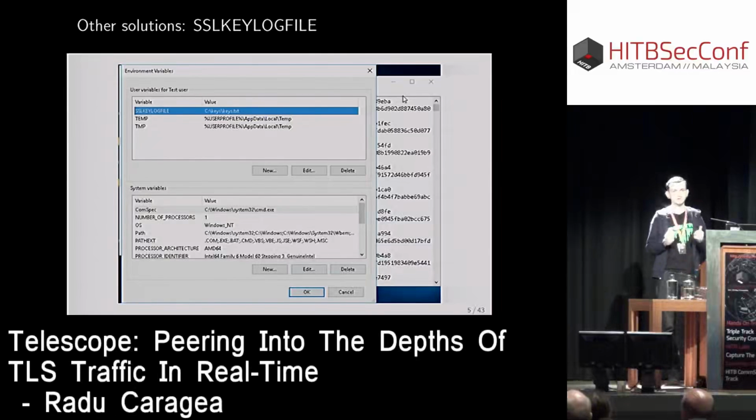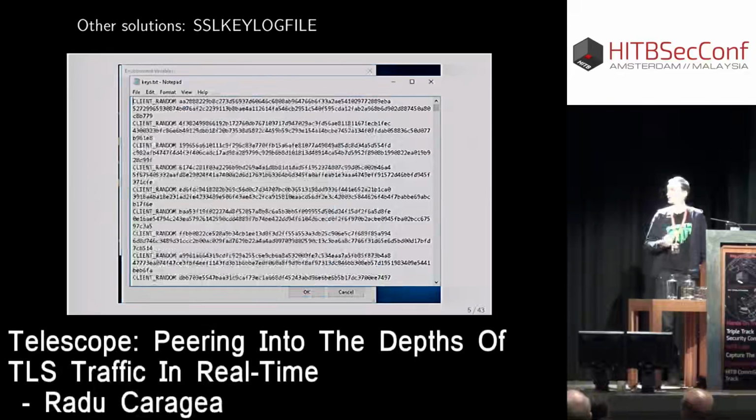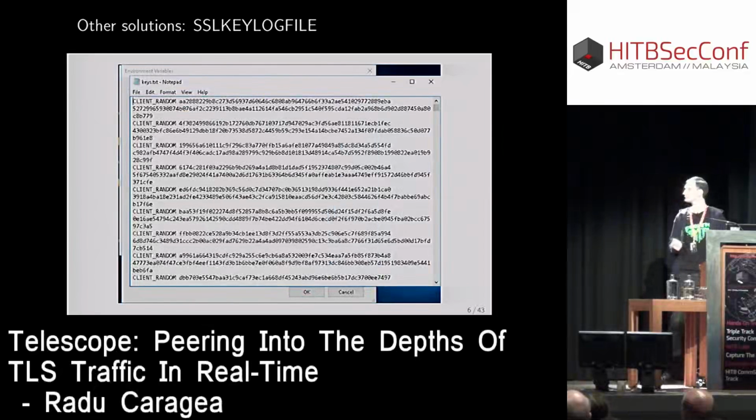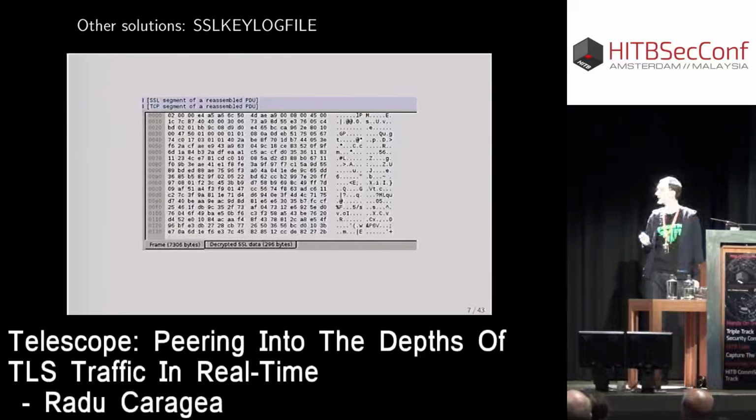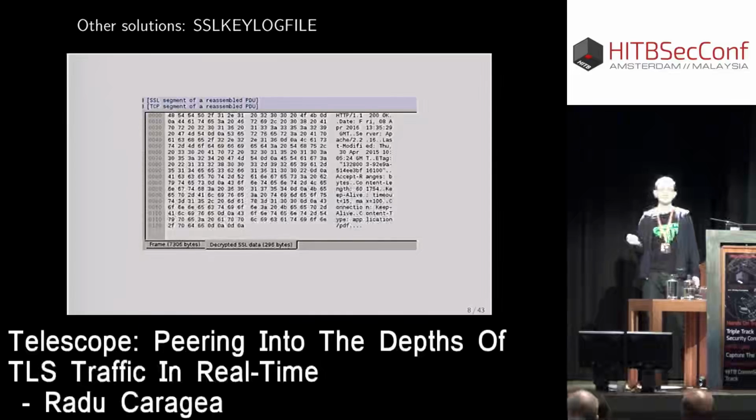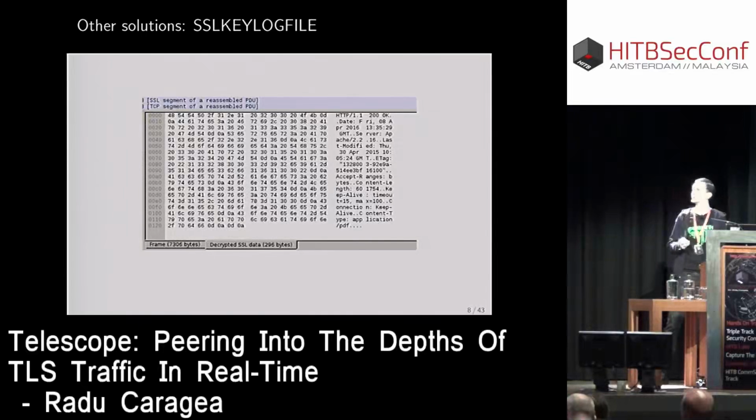You can just point the environment variable to a text file, and it dumps output like this. Hex mumbo jumbo, it doesn't make sense to you, but if you feed it into Wireshark, it transforms traffic that is captured like this into this, which is human readable, almost, hacker readable, let's say.